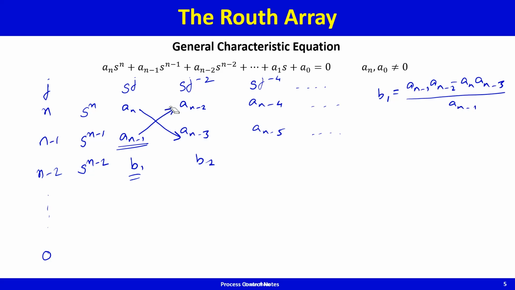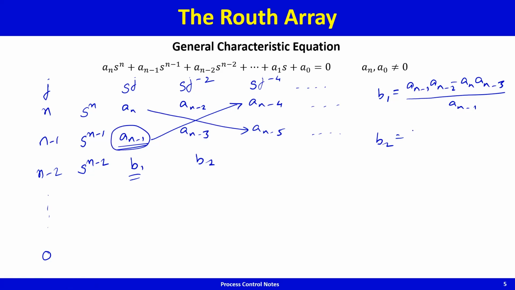b2, let's look at b2. This is just a procedure, so just understand it: this times this minus this times that, divided by again this guy.